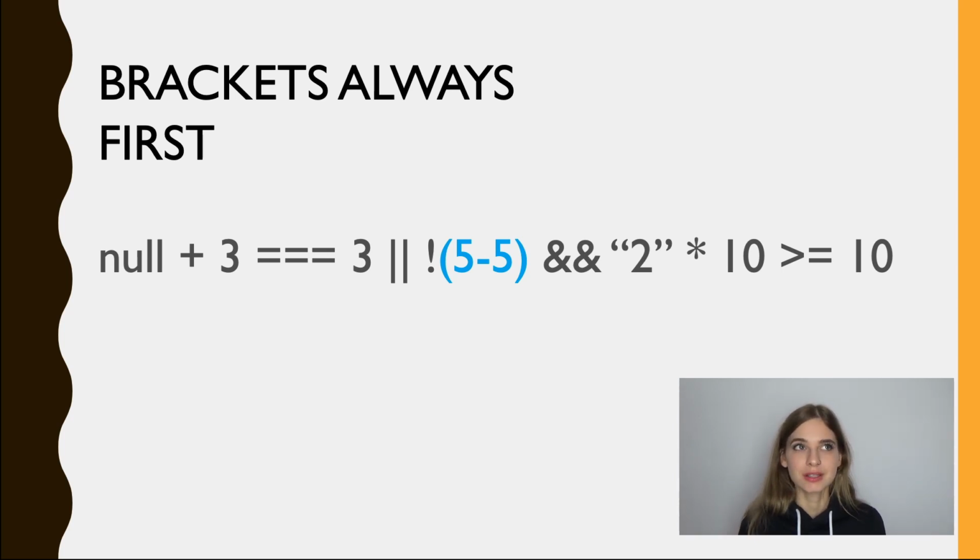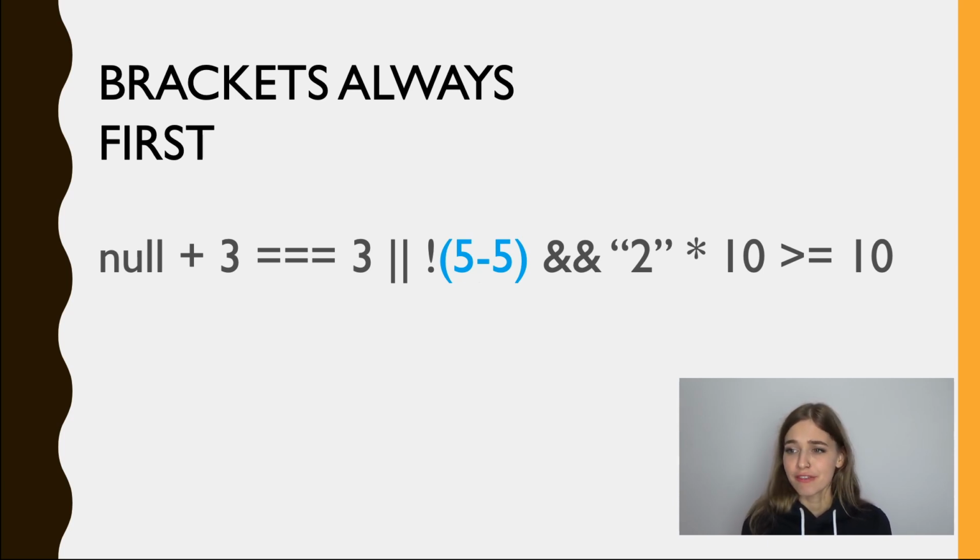For us, we had basic maths. All of us had basic maths at school. So we know that brackets always take priority. No matter what happens, we know that multiplication would go before subtraction, but because we have brackets here, we take this operand first into consideration.